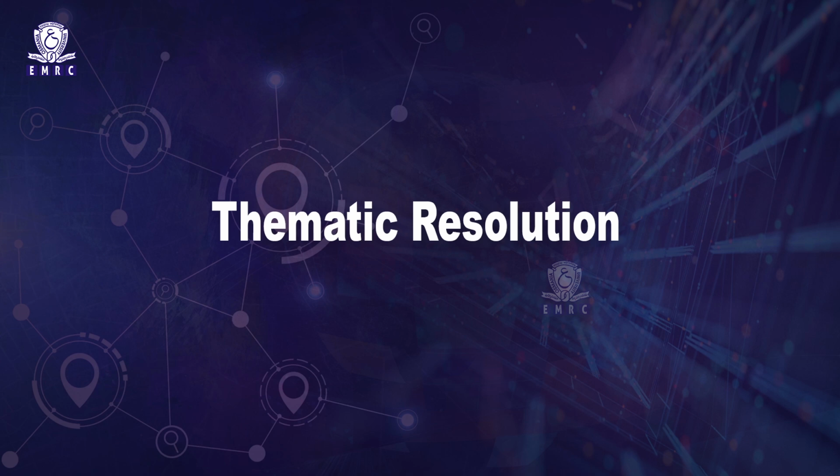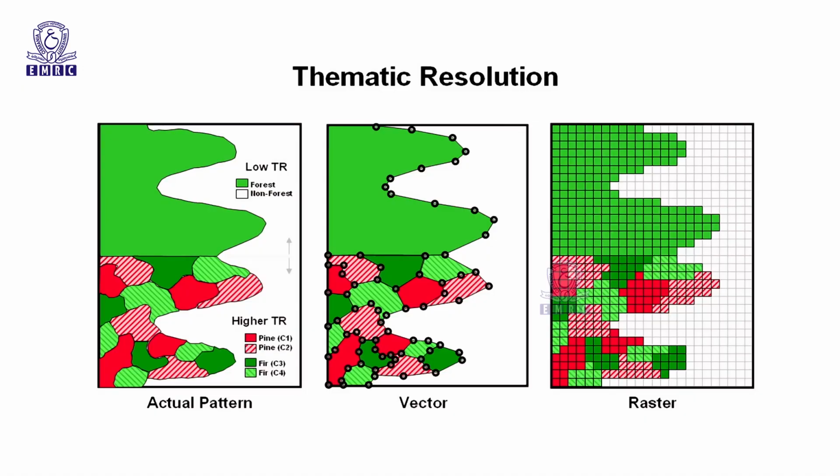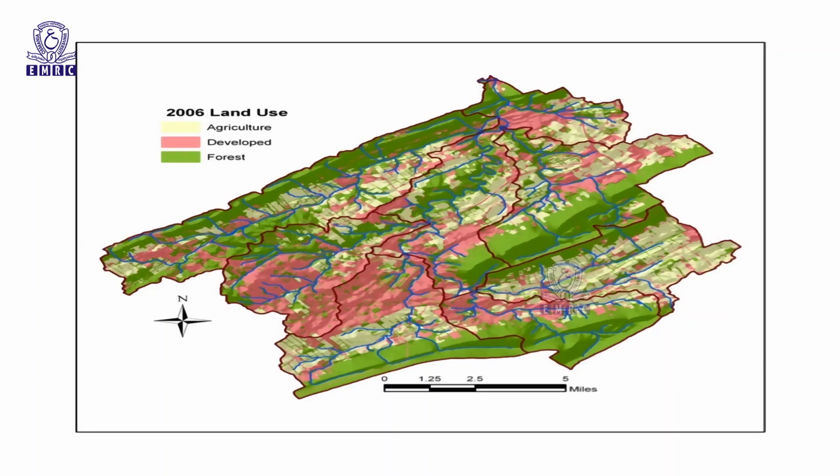Thematic resolution. In the thematic domain, the meaning of resolution depends on the measurement scale. For quantitative data, resolution is determined by the precision of the measurement device. For categorical data, resolution is defined in terms of the fitness of category definitions. Land cover classification systems used in remote sensing are useful models to illustrate resolution.